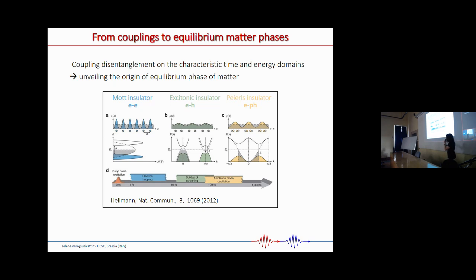And the idea is that if you can follow the dynamics of the system in time and energy domains following a perturbation, you can see from the relative time scales of the relaxation dynamics which is the dominant coupling, the coupling which eventually determines the phase of the matter.